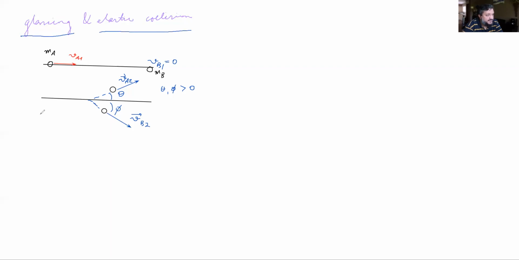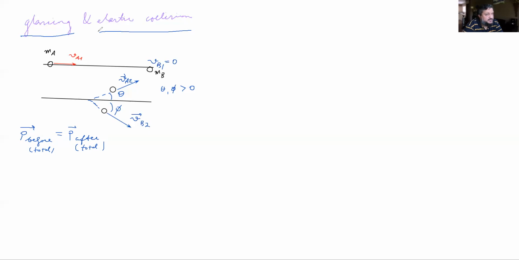So momentum conservation is still valid. I'm just going to write it down. P total before is always valid, equal to the total momentum after the collision. Okay, and the elastic part has to do with kinetic energy conservation.